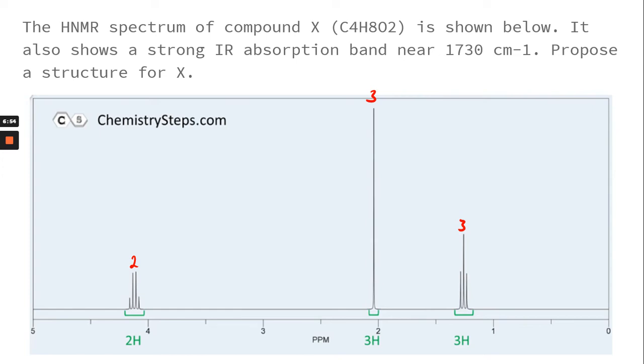Now this particular compound, C4H8O2, if we were to try and draw the structure, again, we could have a carboxylic acid, or we can have an ester. And so we have all of our hydrogens coming off here.